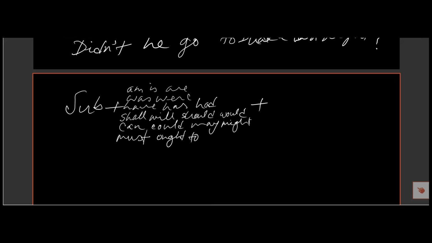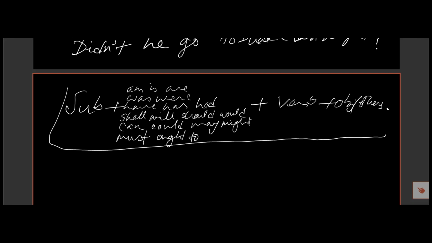So if any one of these is in a sentence after the subject, and then others, verb or object or others, full stop, this is the structure of an affirmative sentence.